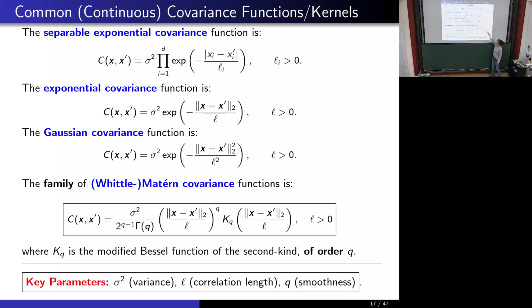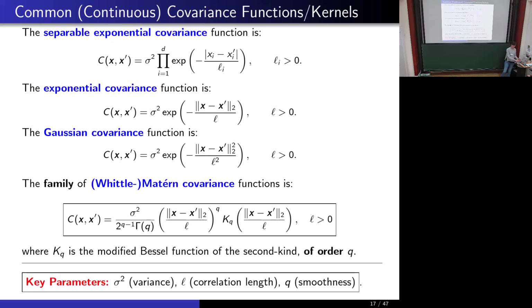I should say this is not the only way to write this down. There are different parameterizations of these kinds of covariance functions, which have different scalings here, which are more common in different communities. But I just wanted to show you this collection of functions on one slide, because hopefully you can see that these functions have parameters inside them.